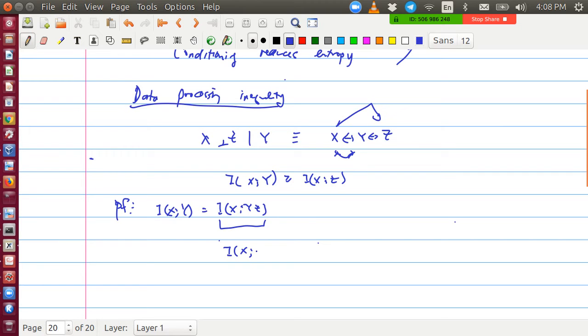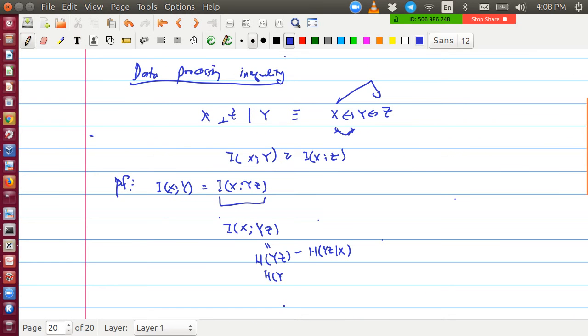This is just the chain rule. Let's say I get more familiar looking at it the other way, I(Y,Z;X), so it's symmetric.